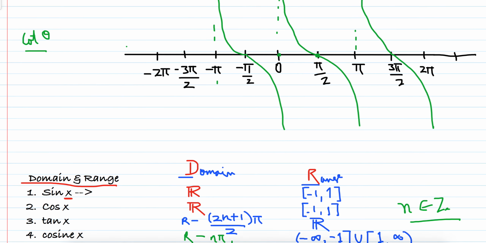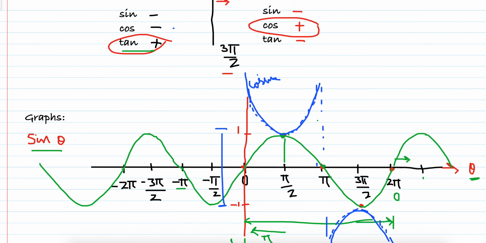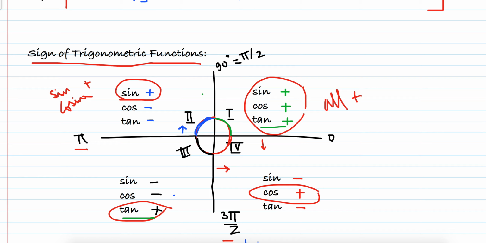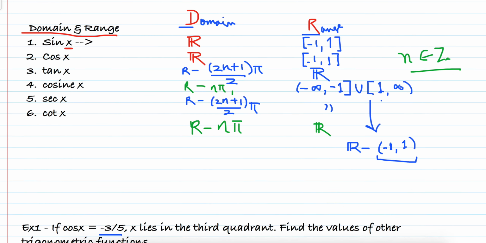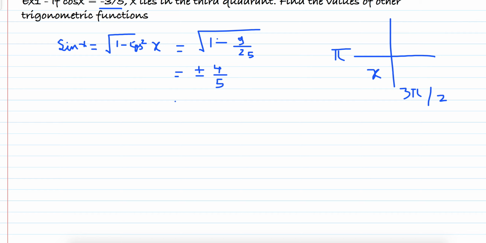But we are told it's the third quadrant, and in the third quadrant sine is negative. If it was the second quadrant, we would have taken the positive sign, but it's the third quadrant, so we pick the negative sign. So we write minus 4 upon 5, because it cannot take plus 4 upon 5 in the third quadrant. So this is sine x.